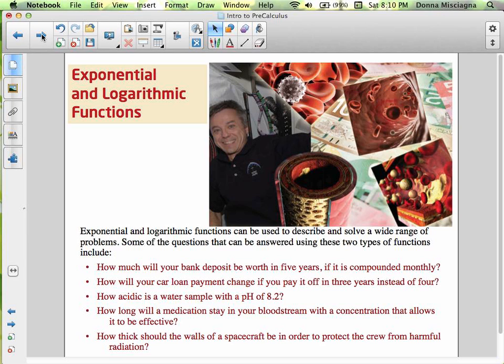How long will a medication stay in your bloodstream with a concentration that allows it to be effective? How thick should the walls of a spacecraft be in order to protect the crew from harmful radiation? All of these questions can be answered using exponential and logarithmic functions. We learned a little bit, actually we learned a lot, about exponential and logarithmic functions in Algebra 2. We're going to extend that knowledge in pre-calculus.